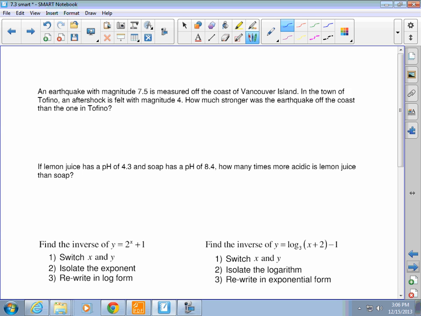So something you need to remember is when they're dealing with Richter scales, they're actually talking about a log scale. So the Richter scale is in log, and in this case, it's using the common log of base 10. So if they're saying something has a magnitude of 7.5, they're saying 7.5 is equal to log base 10 of your value.